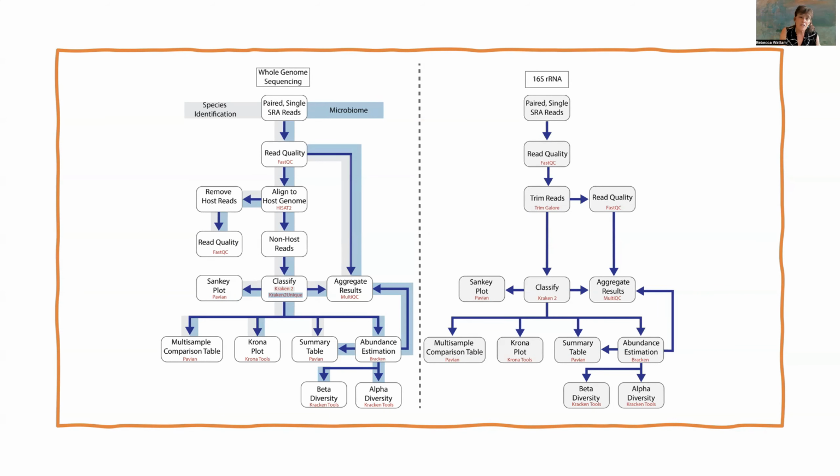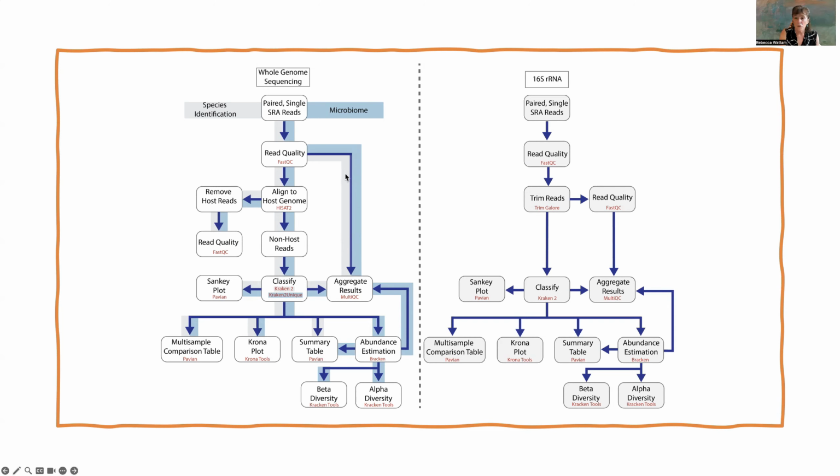And Kraken 2 gives you a number of things: a Sankey plot, which is pretty awesome, a multi-sample comparison table, a Krona plot, which I also like a lot, and MultiQC reports. Now, if you are doing species identification, it will at this point generate a summary table.